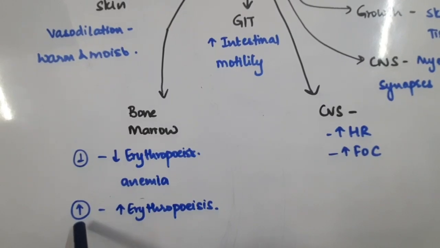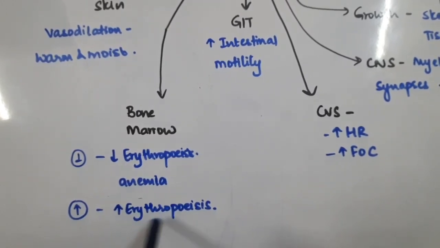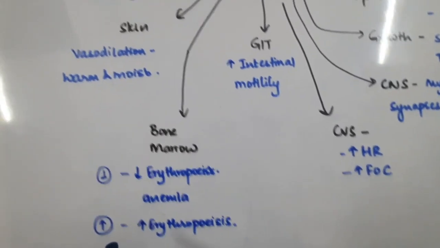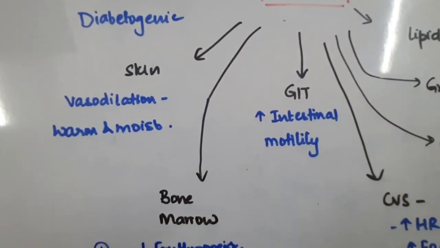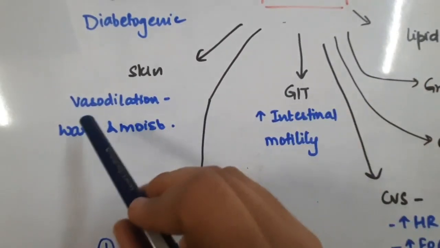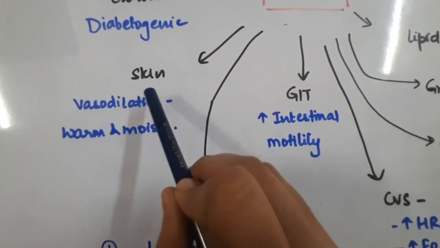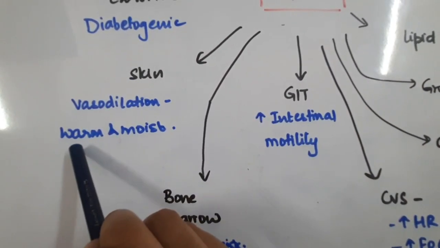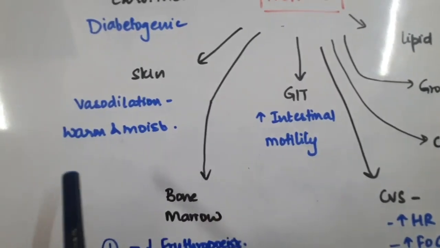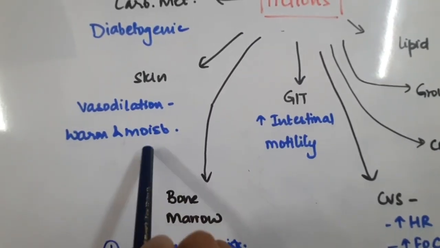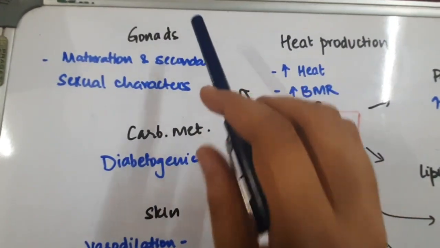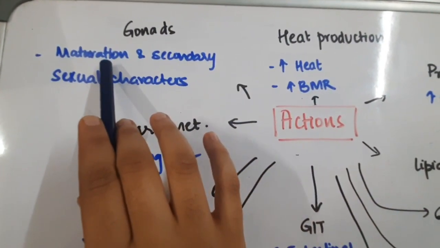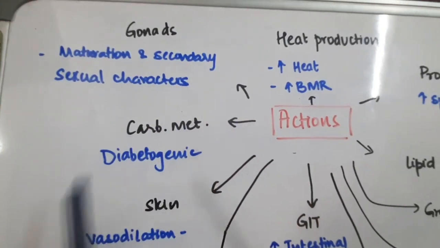And when thyroid hormones are increased, there is increased erythropoiesis. In the skin, they will lead to dilation of blood vessels of the skin and because of dilation there will be more blood flow towards the skin, causing the skin to feel warm and moist. So skin becomes warm and moist. In gonads, they are important for maturation and for secondary sexual characters.